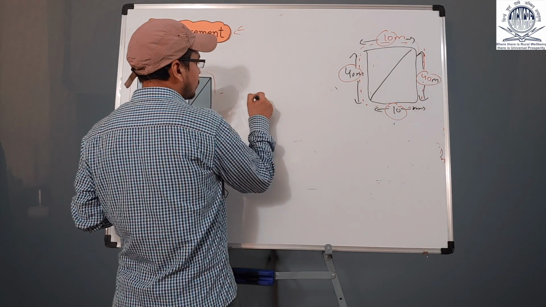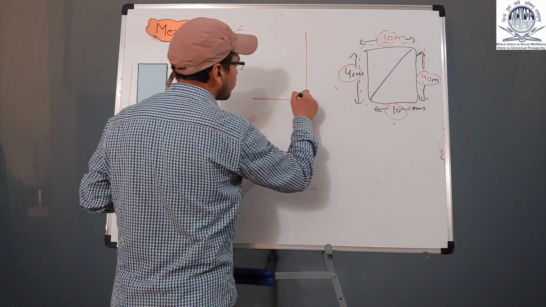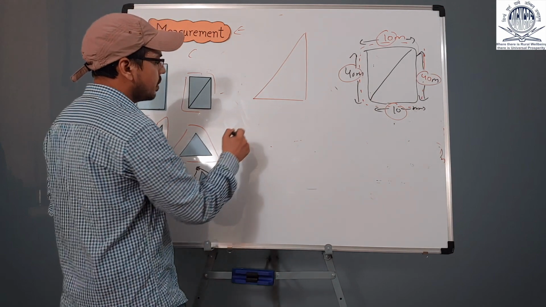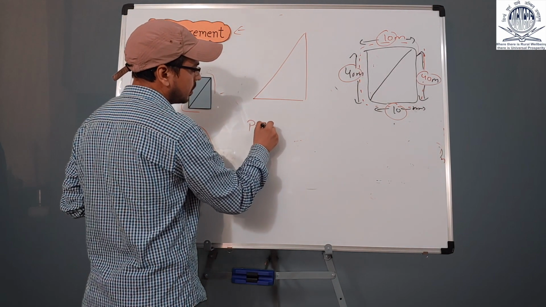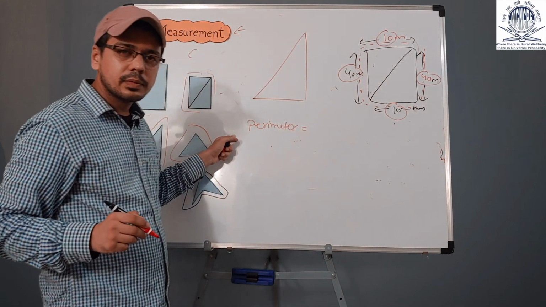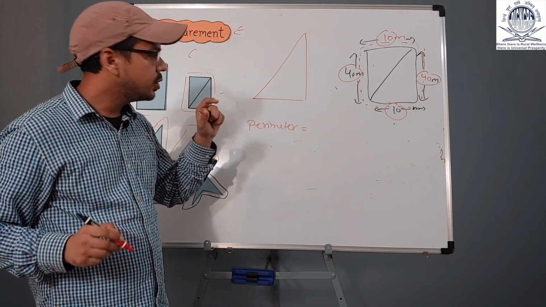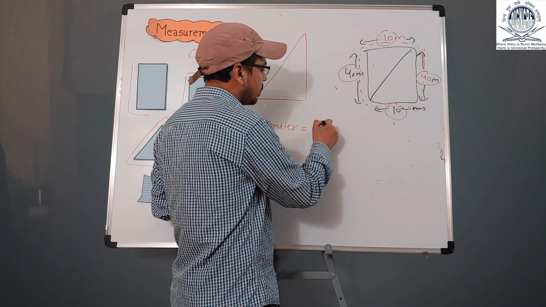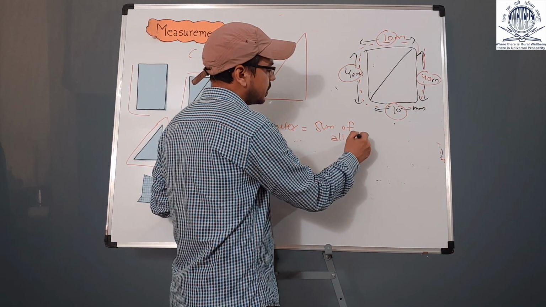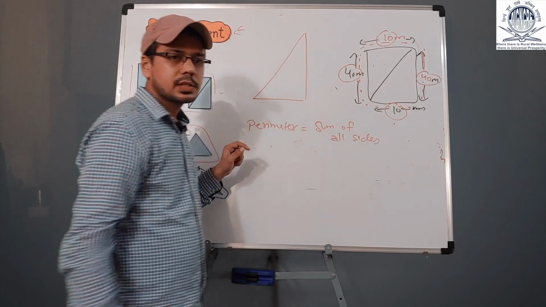So when I make a triangle like this, I want to derive something called perimeter. And what is perimeter? Yes, perimeter is the sum of all sides, right? Now I'll try to use this, the sum of all sides.